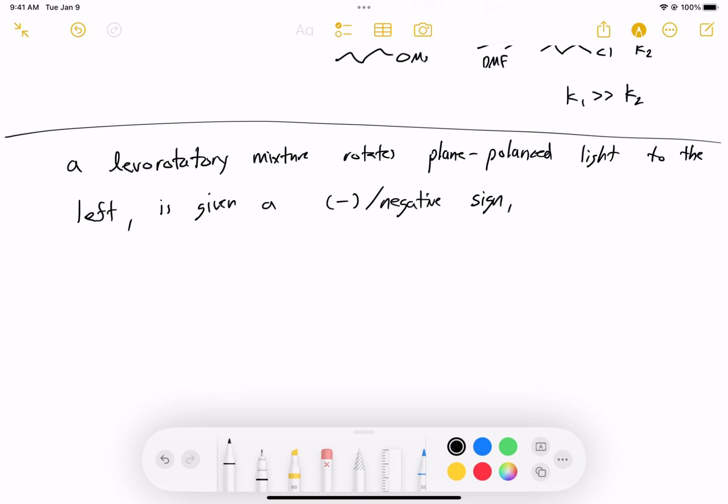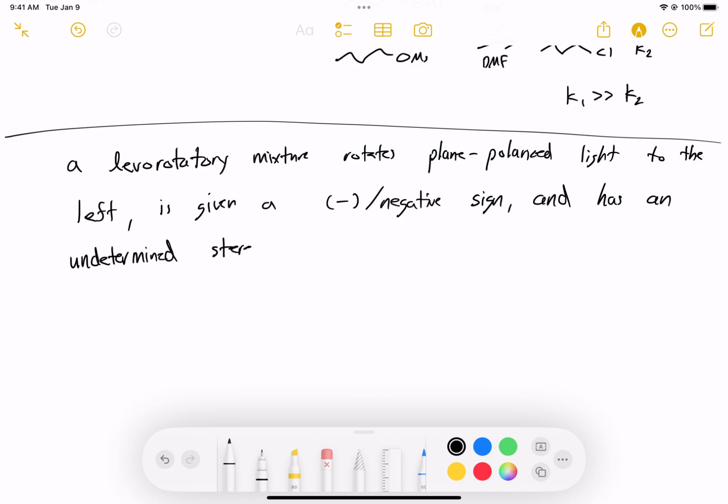Okay, and what can we say about its absolute stereochemistry? Is it R and S? It has an undetermined stereocenter, right?